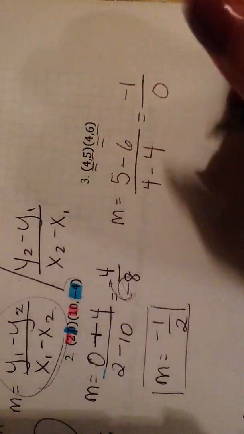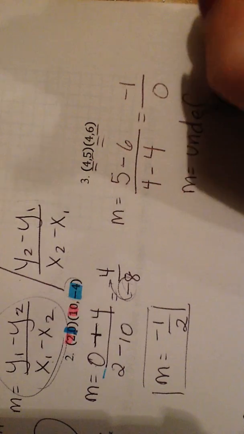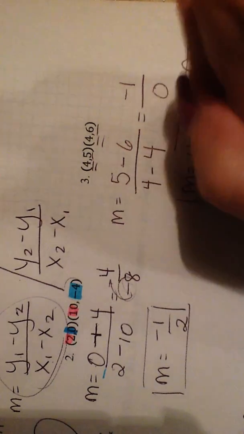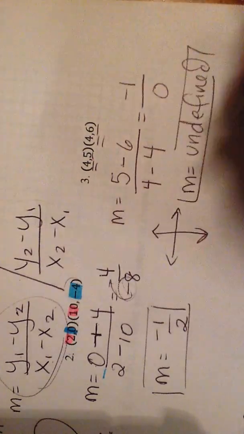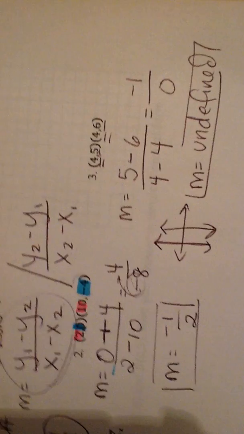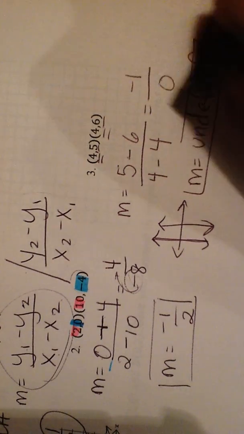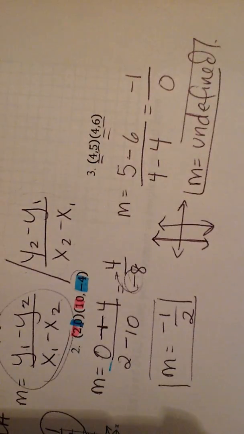Negative 1 divided by 0? Undefined. An undefined slope, remember? If I draw a coordinate plane, an undefined slope is a vertical line just going up and down. Okay? Remember, when 0 is under the fraction bar, it's undefined. Just as kind of a fun way of remembering it.